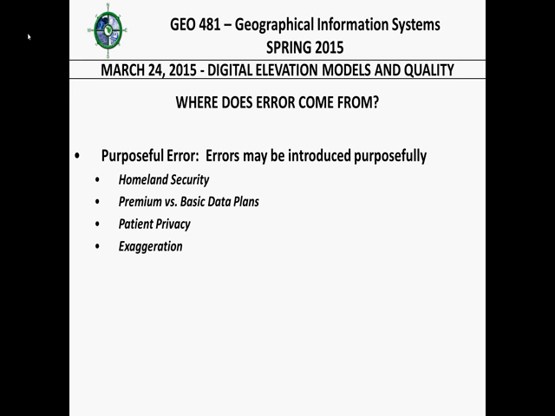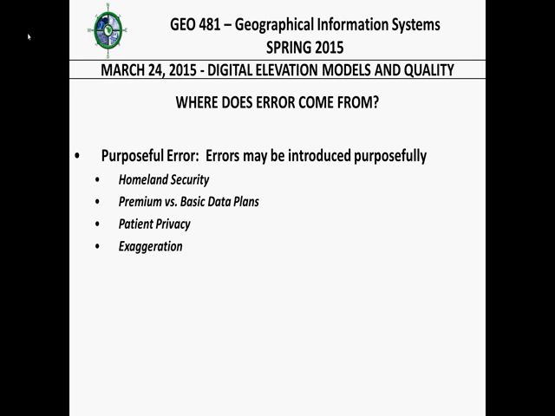That's purposeful error. The original photo that was taken was fine. They would go through and make Google blur out areas where there was sensitive infrastructure. Like I said, I think they stopped doing that because all it did was highlight for people where there was something sensitive. But that's an example of purposeful error.